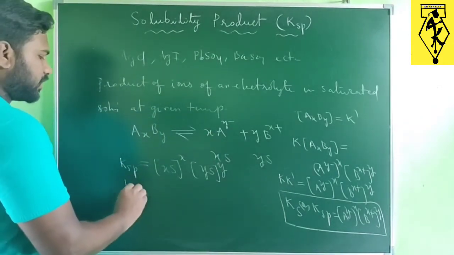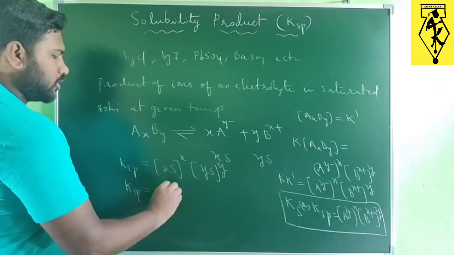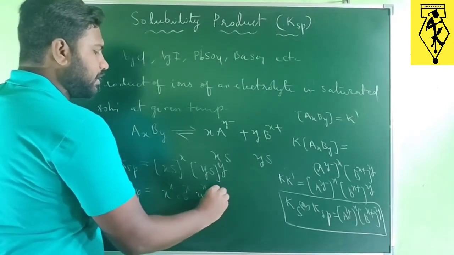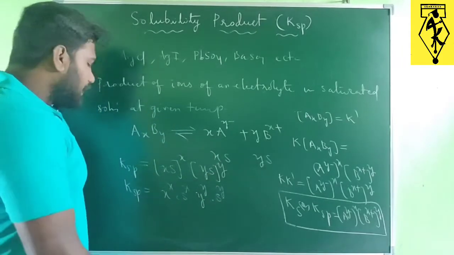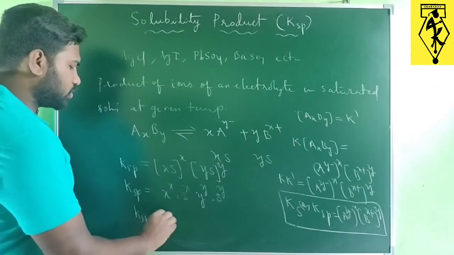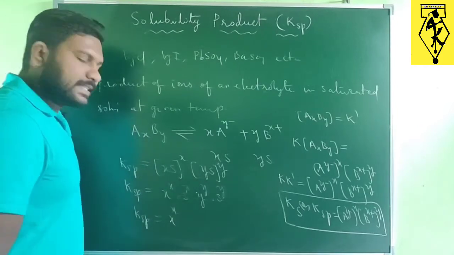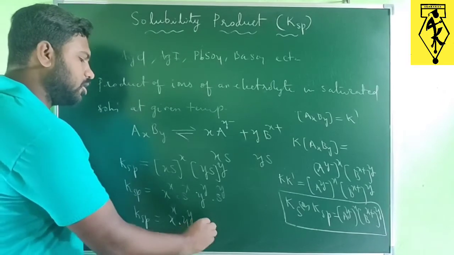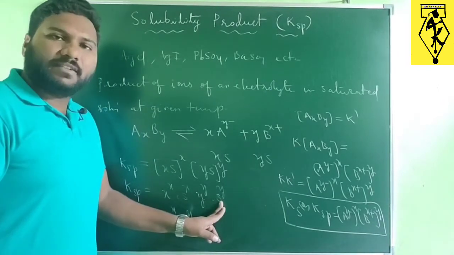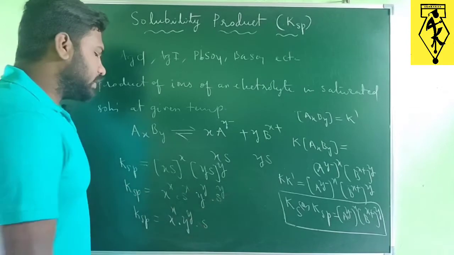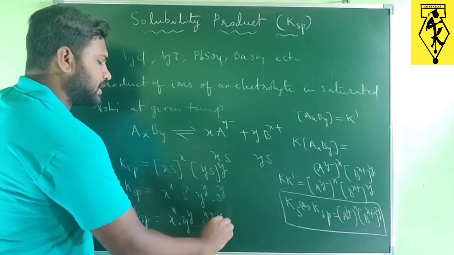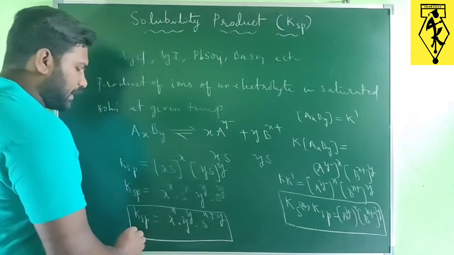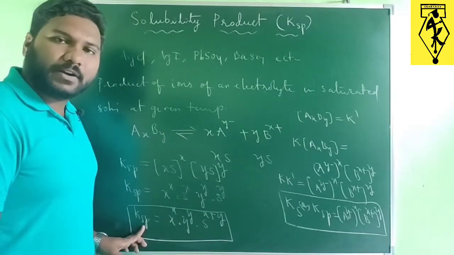So Ksp equals x^x S^x, similarly y^y S^y. Now Ksp equals x^x into y^y into S^x S^y, and here the bases are equal, so we can add the powers: S^(x+y). This is the formula to calculate Ksp of a given electrolyte.